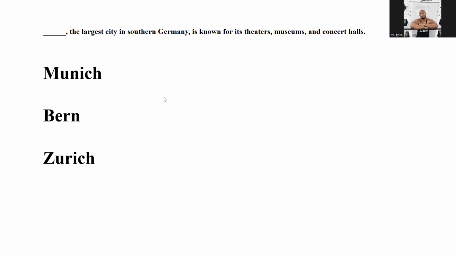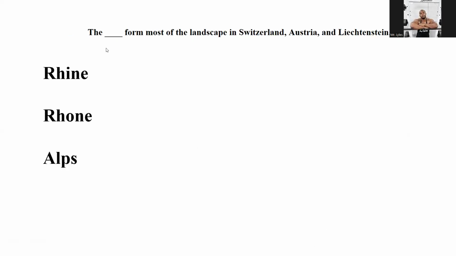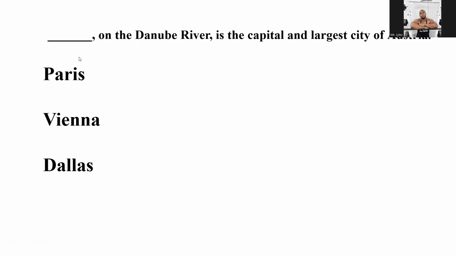Blank, the largest city of southern Germany, is known for its theaters, museums, and concert halls. Munich. The blank form of landscape in Switzerland, Austria, and Liechtenstein, I believe. Alps.